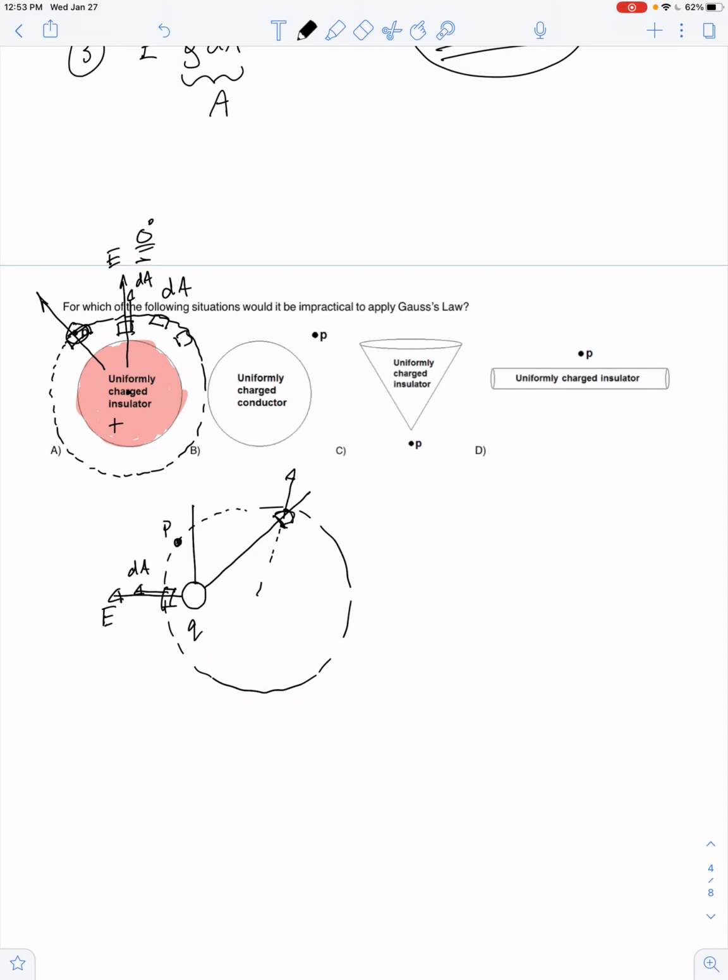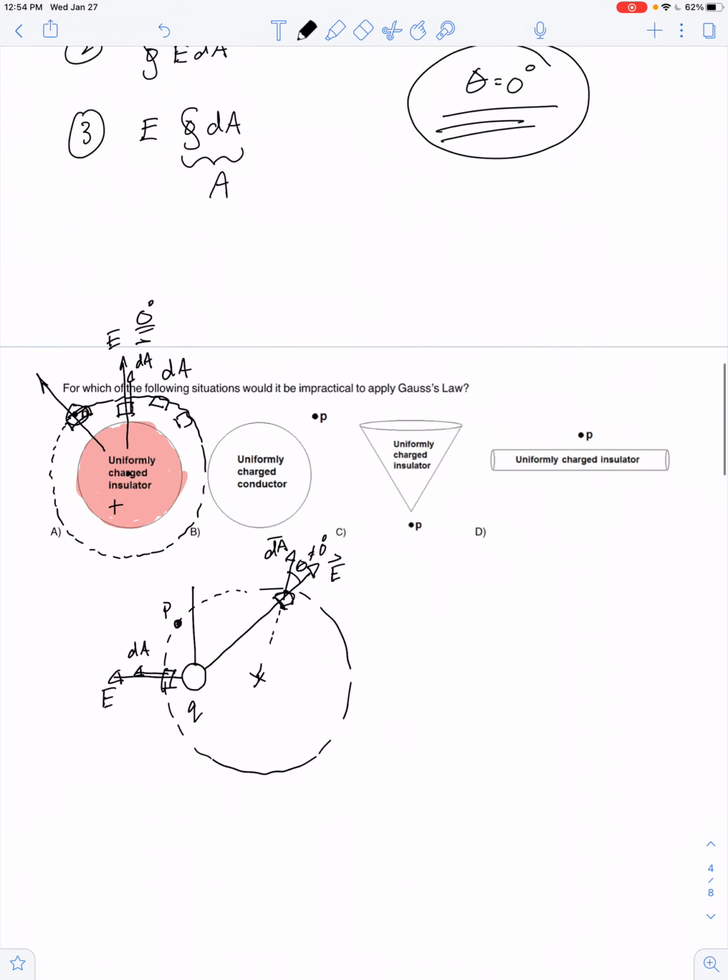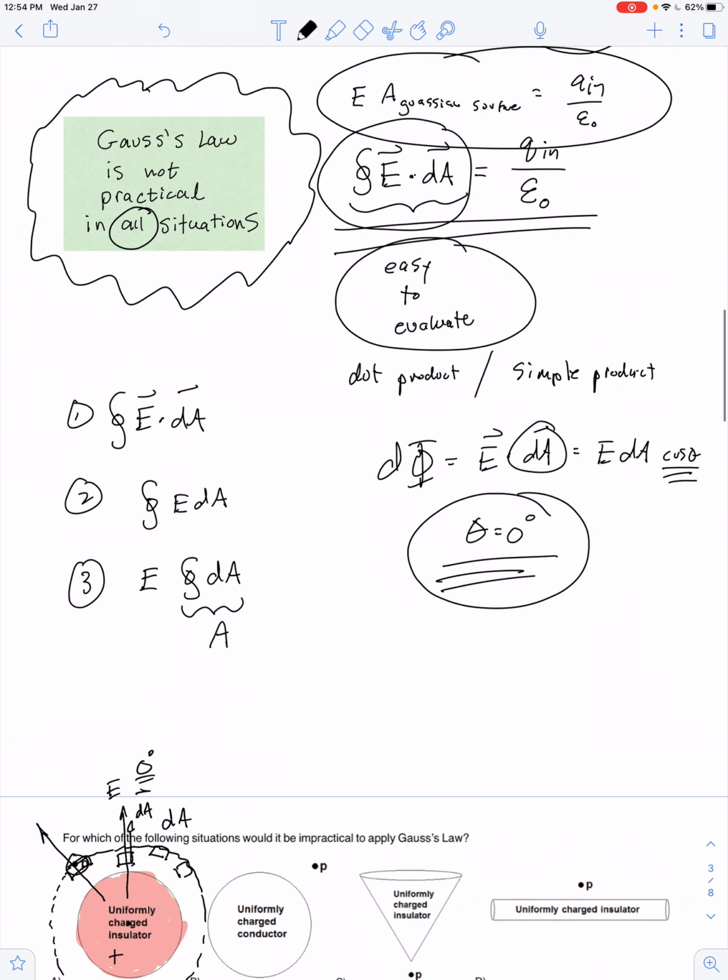It lines up with the center of the Gaussian surface, but the electric field points at a different angle, and so the angle here is definitely not 0 degrees. It's going to make it tricky to evaluate the left side of the expression in Gauss's law, because we will not be able to get rid of the dot product, the vector notation.